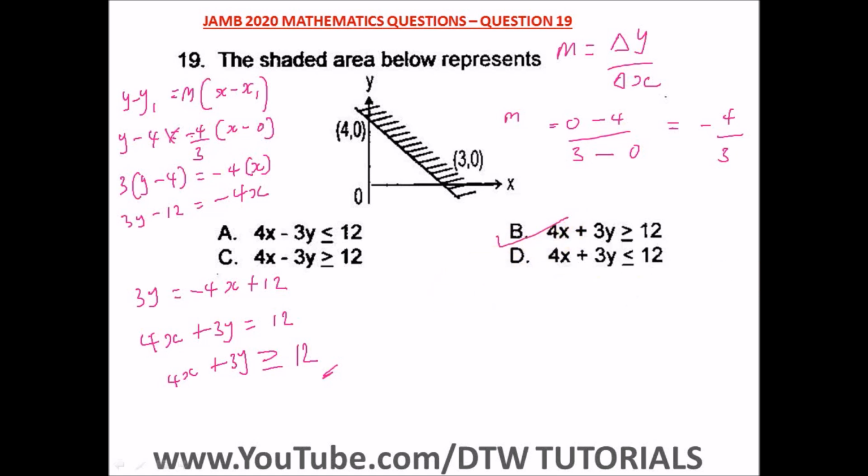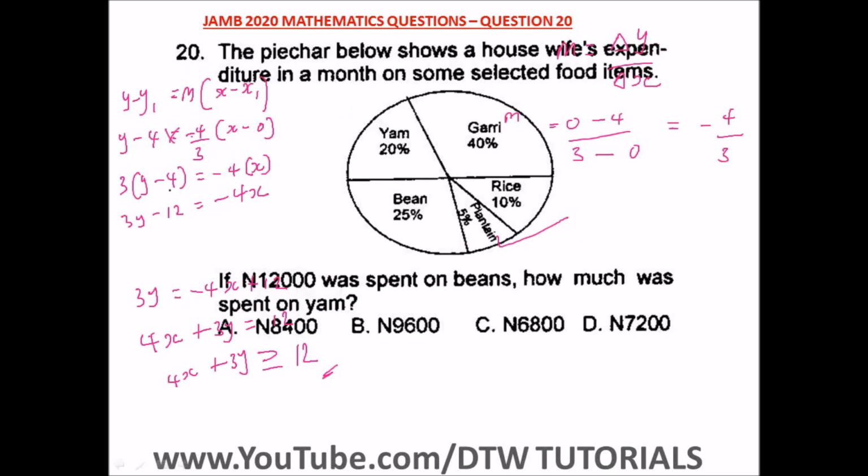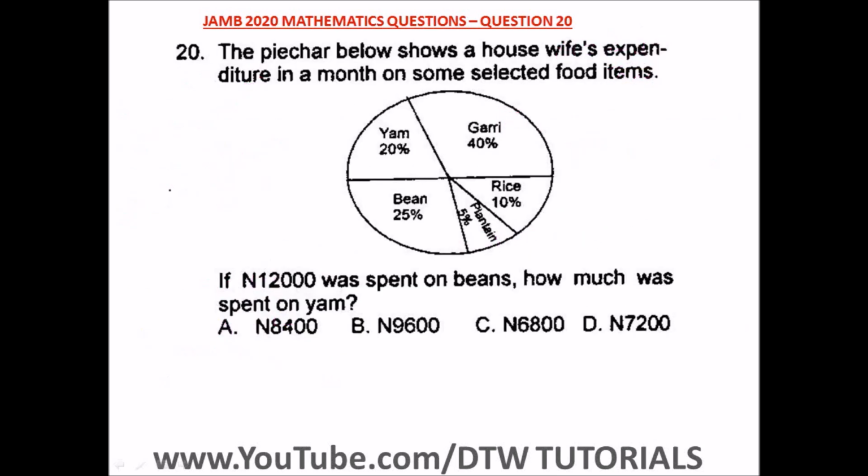So with that, we go to question number 20. So question number 20 of the Jamb 2020 maths past question. They said the pie chart below shows a housewife's expenditure in a month on some selected food items.